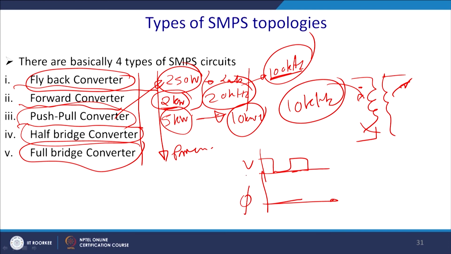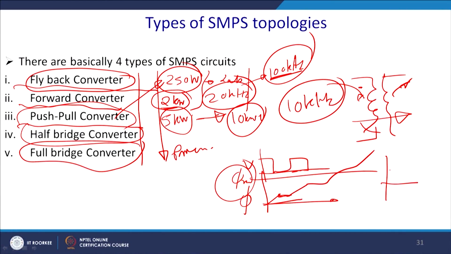What will happen to the flux? This is the integration of this voltage. So, it will ramp up till this point, thereafter it will be like this, thereafter on this point and so on, it will go up, and after some point of time you will reach phi m. So, ultimately this transformer will saturate, and no voltage will be linked to the secondary.